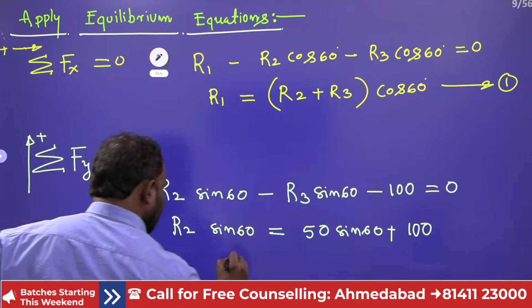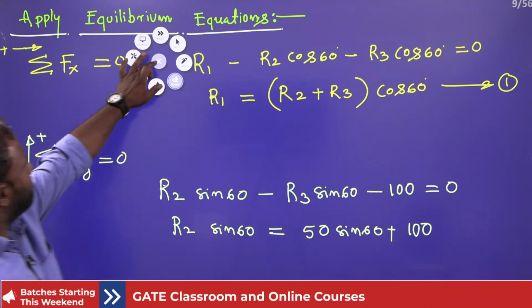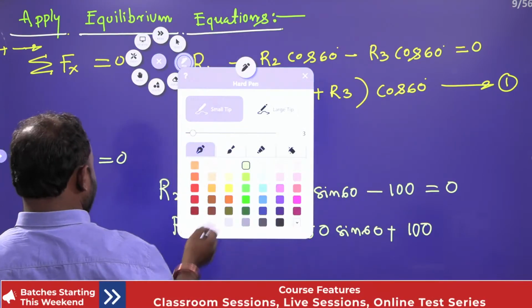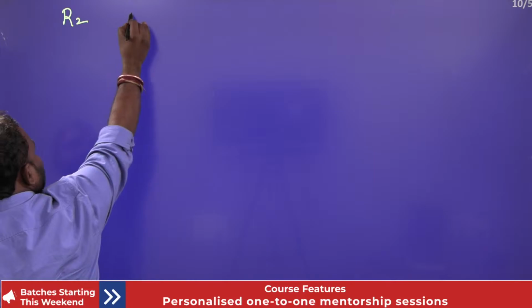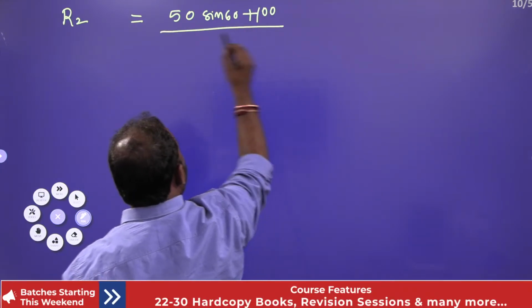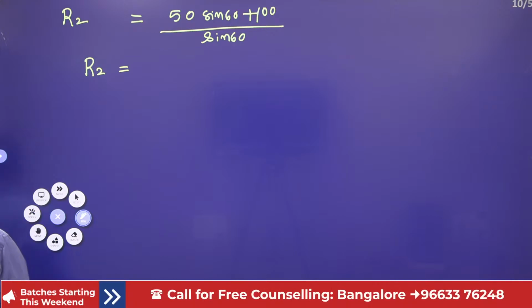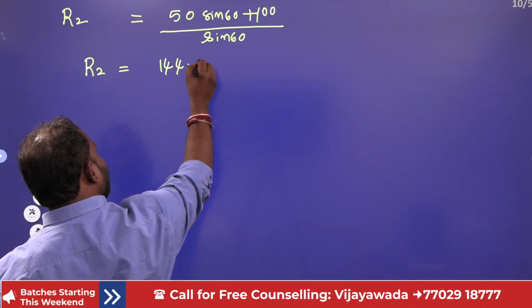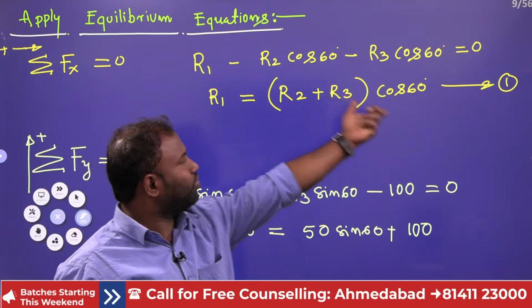Then R2 is equal to 144.8. Now go back to equation 1: we know R2 and we know R3, so substitute these values and get R1.